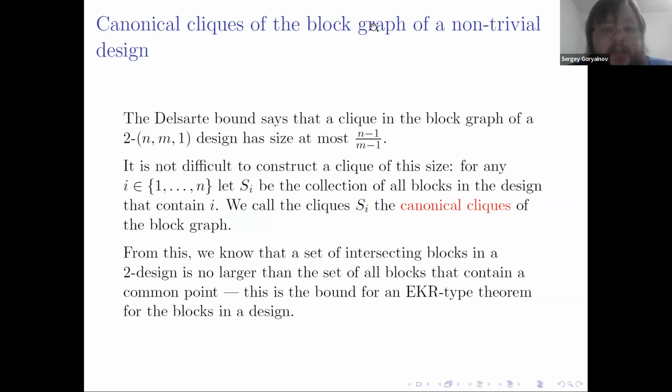We call the cliques Si the canonical cliques of the block graph. From this, we know that a set of intersecting blocks in a 2-design is no larger than the set of all blocks that contain a common point. This is the bound for an EKR-type theorem for the blocks in a design.